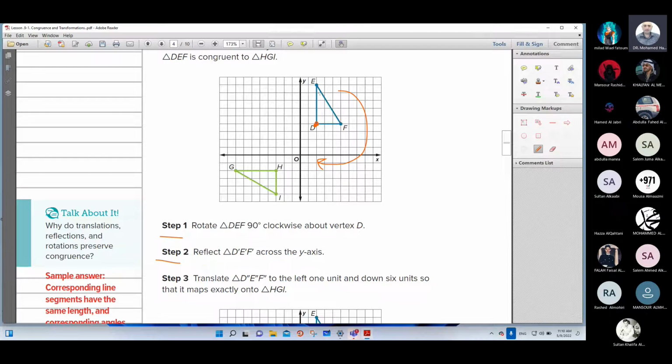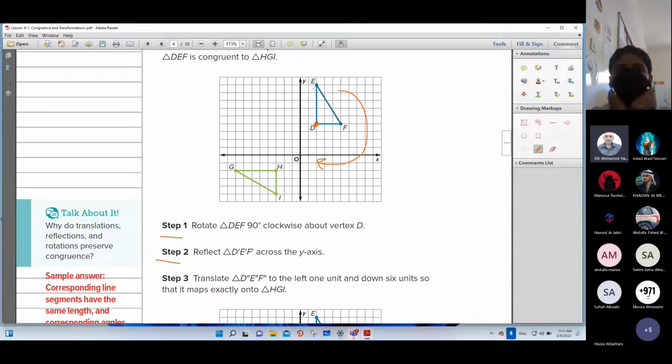Because when you rotate this triangle, with this as the center, this side here will be here, and this side will be here.